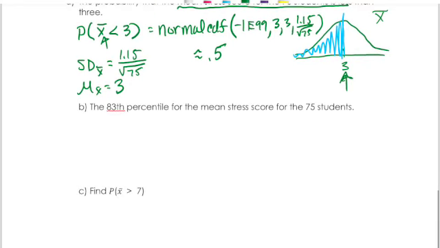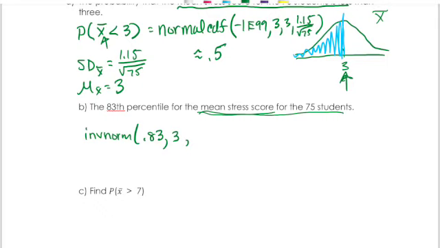Okay, for the 83rd percentile, again, we're using the sampling distribution here because it's asking about the mean stress score of the sample. We want to find the percentile, so we're going to do inverse norm. We're going to put in our percentile, which is 0.83. We're going to put in our mean, which is 3.